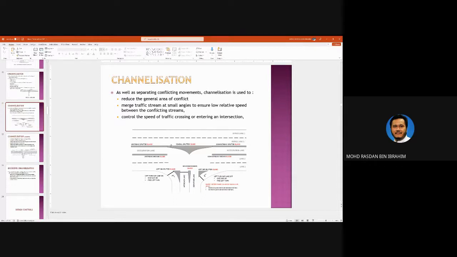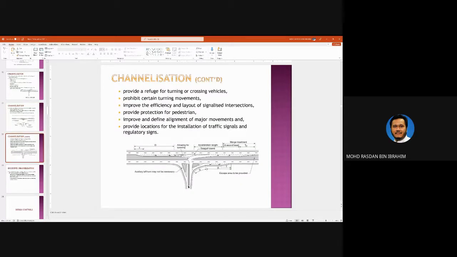So in this type of configuration, you can have a separated phase for the junction, and at the same time, this traffic flow here resumes as usual, as if there is no intersection over here.